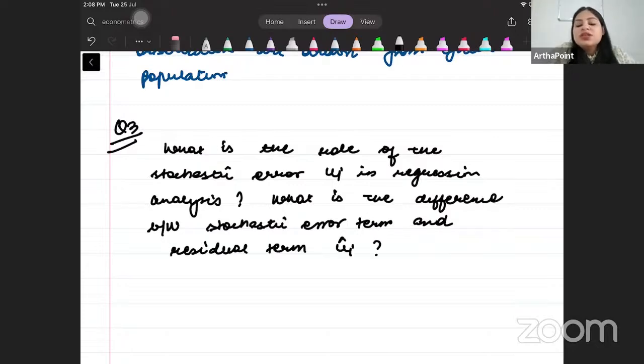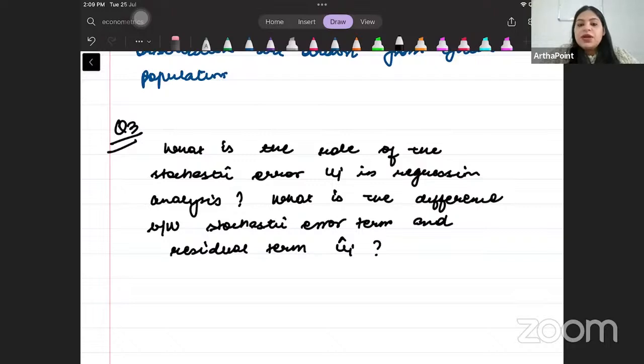So it is asking, please refer back to your books. What is the role of the stochastic error term ui in regression analysis? What is the difference between the stochastic error term and the residual ui hat? That's the third question from chapter 2, Damodar Gujarati. So beta, let us go ahead and have a look at the solution of this question.